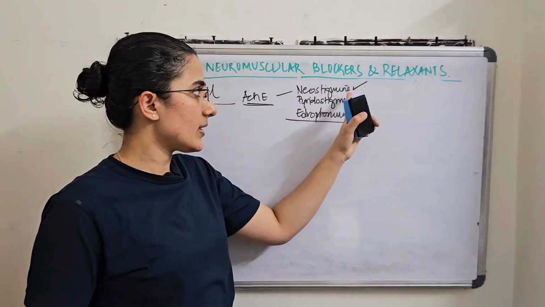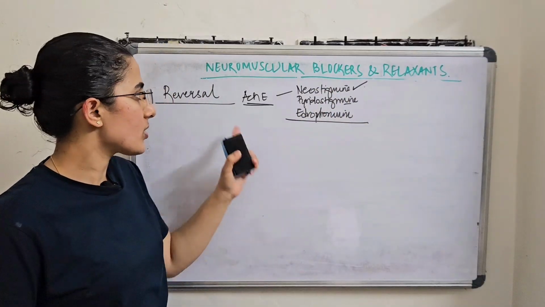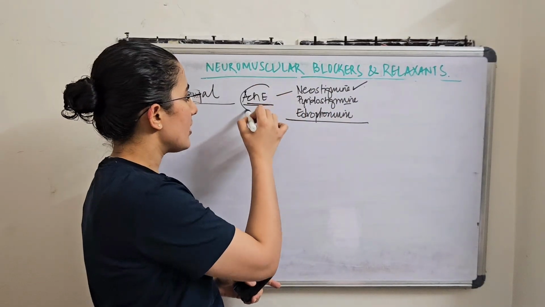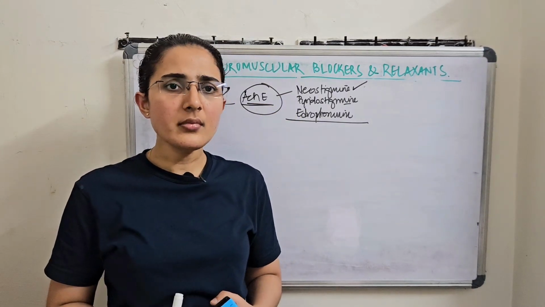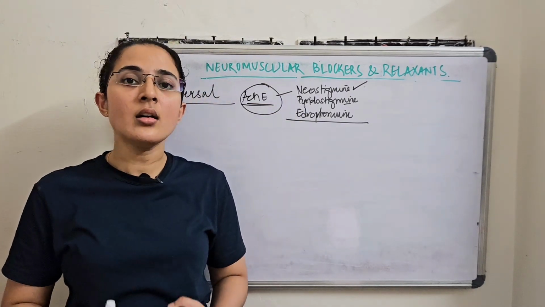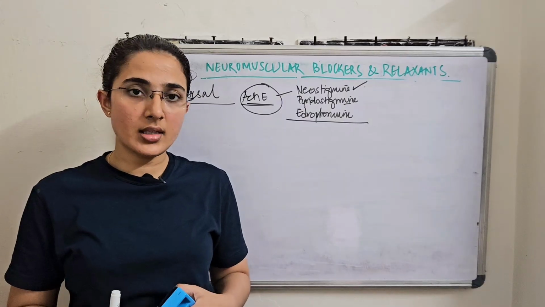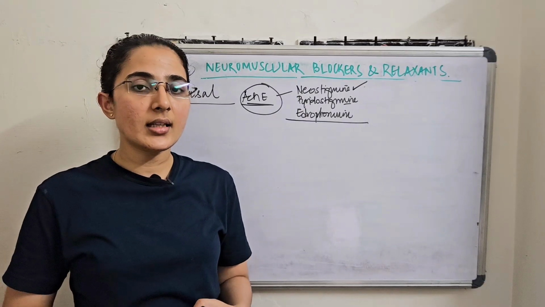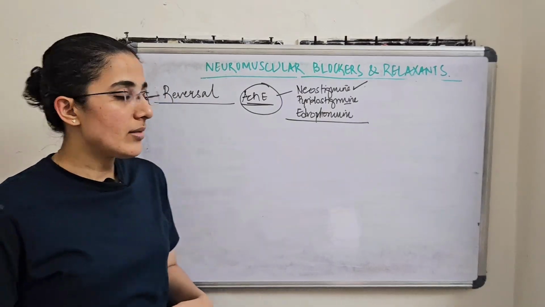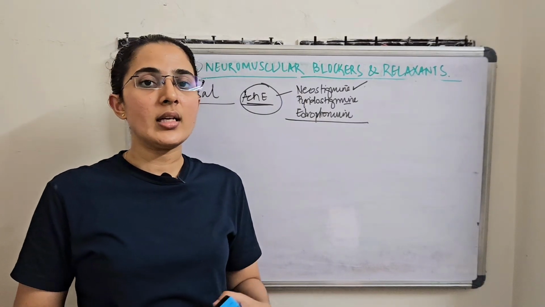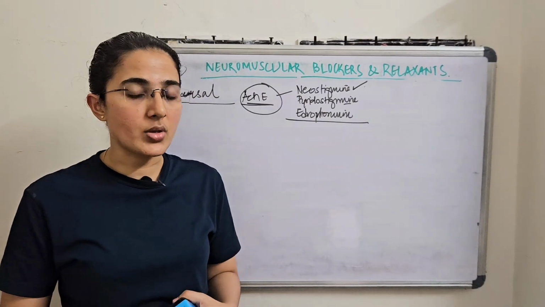So neostigmine is the appropriate one which we use daily, which is basically an acetylcholinesterase inhibitor. Basically, it increases the amount or availability of acetylcholine at the muscarinic receptors and at the neuromuscular junction. So inherently, when you increase the acetylcholine, you increase the neuromuscular transmission.